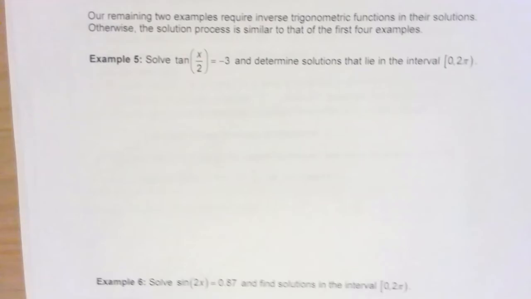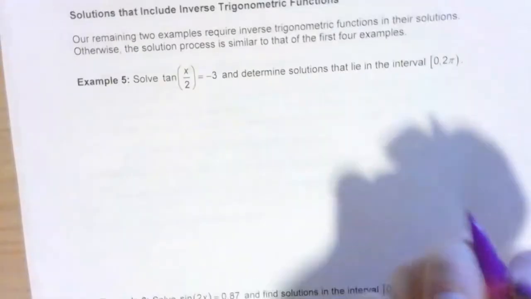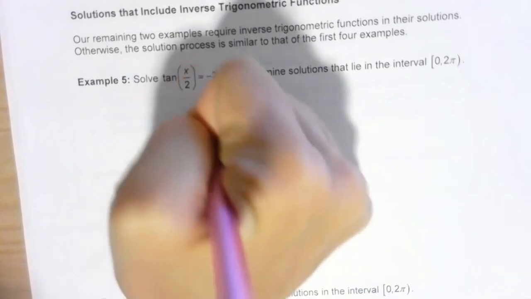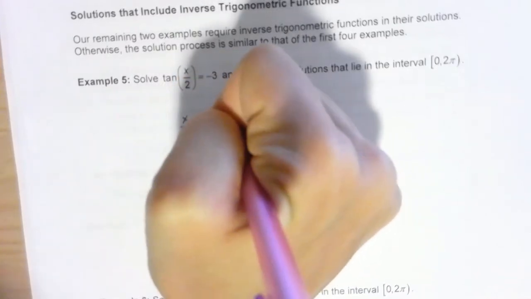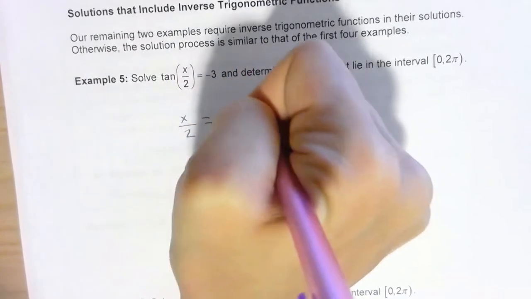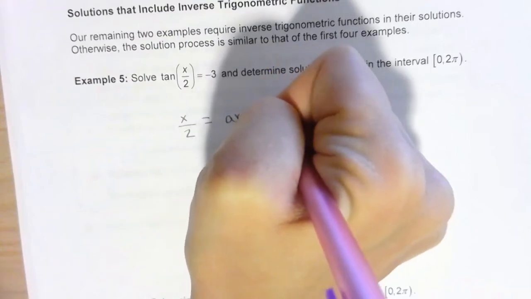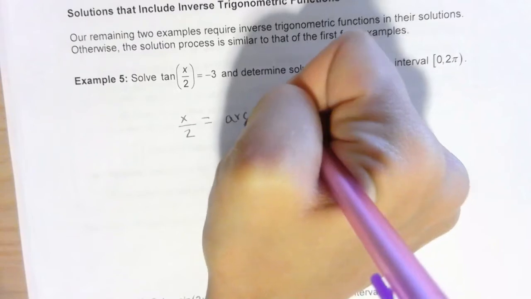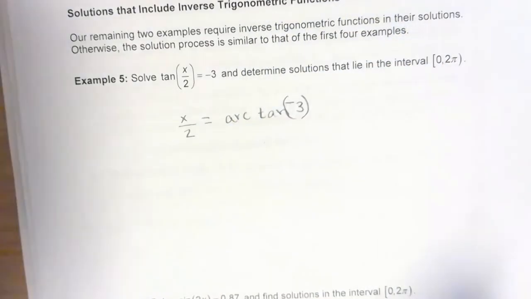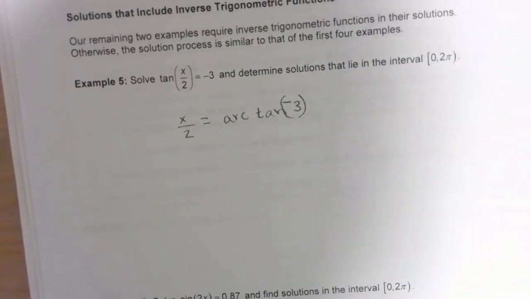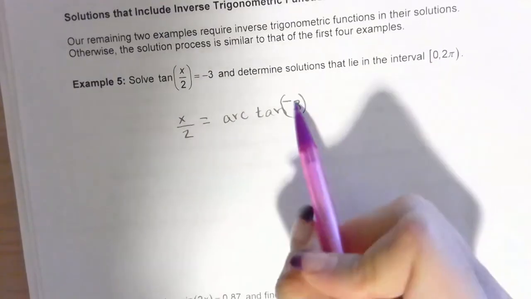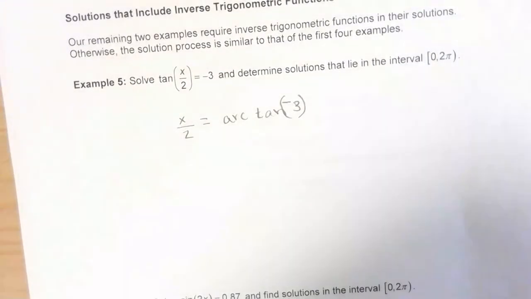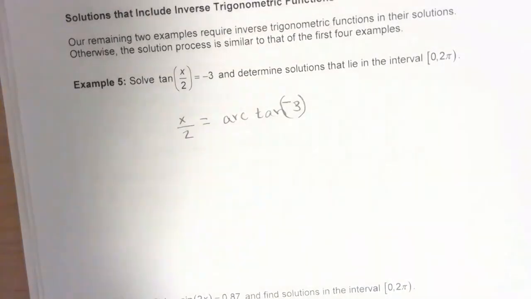So here, to get rid of tangent, I can do arc tangent, because I don't know what arc tangent of -3 is. Okay. We didn't have to write that down before because our values lie on the unit circle, so it allowed us to kind of not think of it.